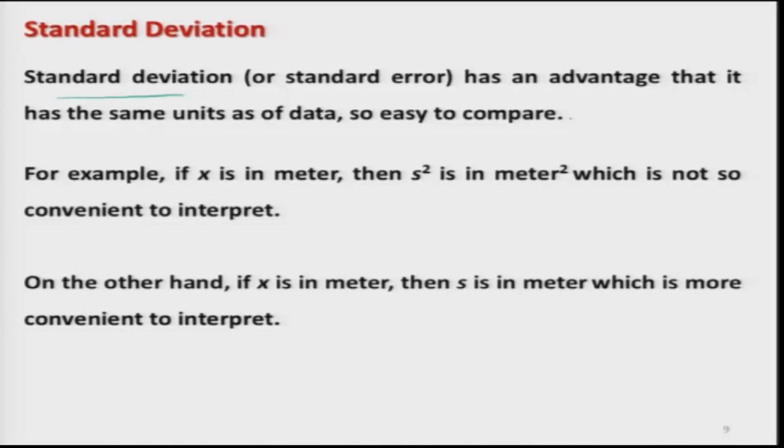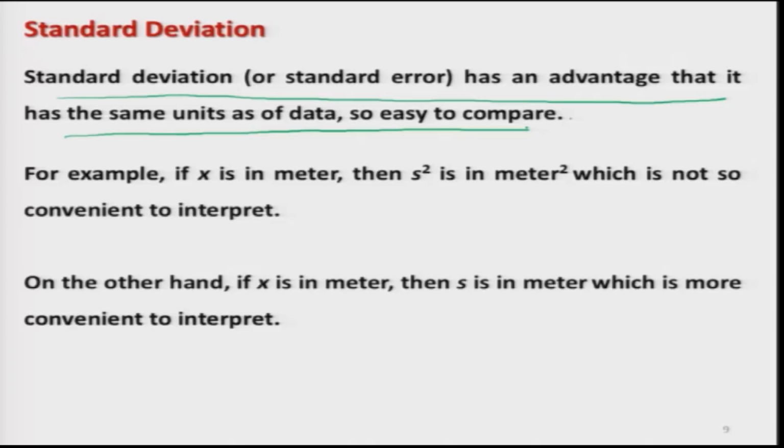Similarly, if I have two data sets in which the standard deviations are 4 and 6, it is easier to understand that the standard deviation of the second data set is higher than that of the first. That is the only reason actually. So this standard deviation or standard error has the advantage that it has the same unit as the original data.